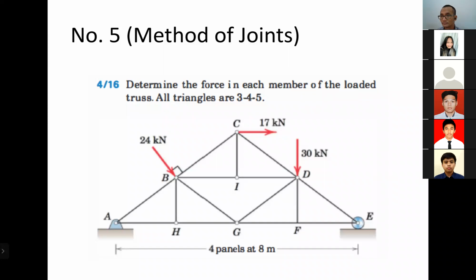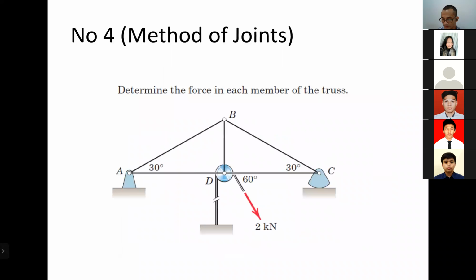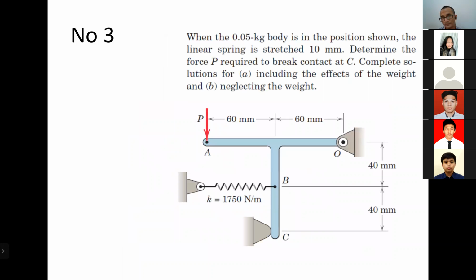I think it's just that it's lengthy to work on number 5. Lengthy doesn't mean it has a problem, right? Yeah, but actually I have a question for number 3. What's the problem? I found the answer, but at first I was confused about where to put the weight force. At first I put it on B, but then I realized that I should put it in the middle of AO.